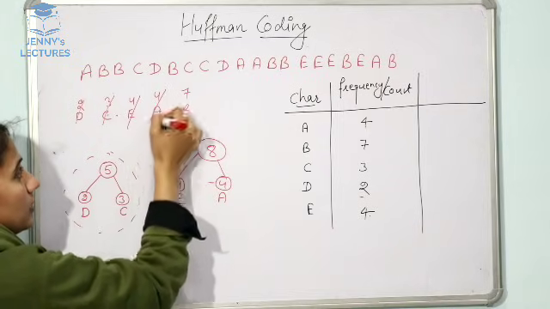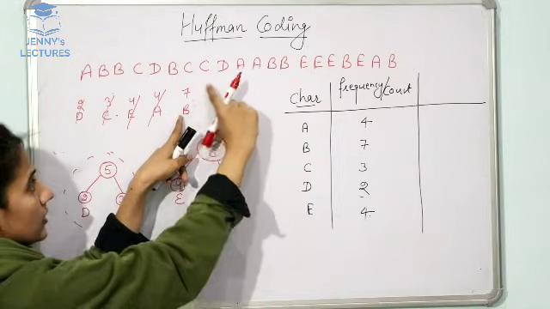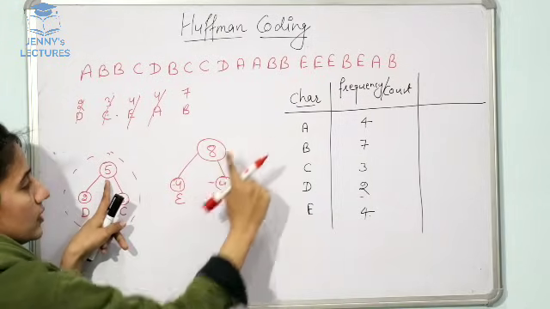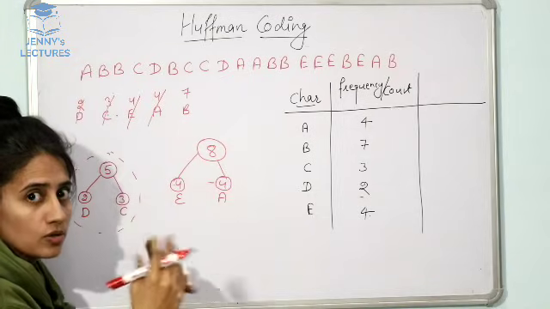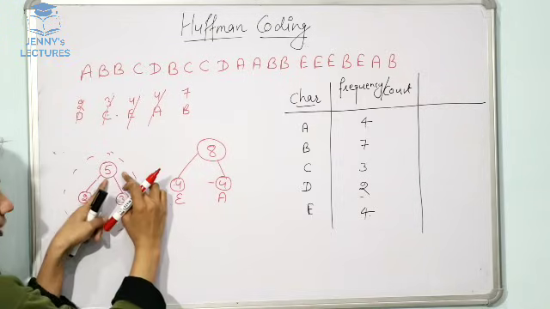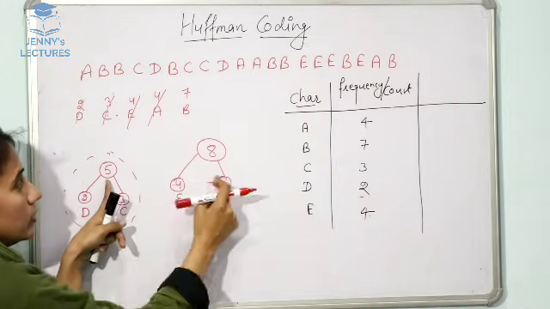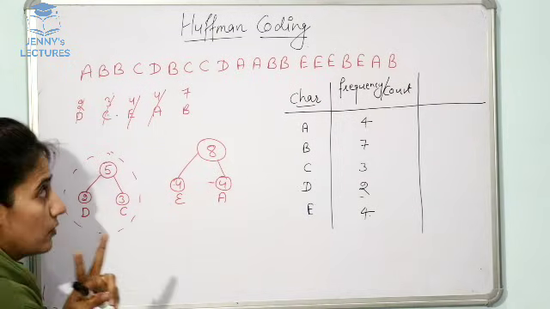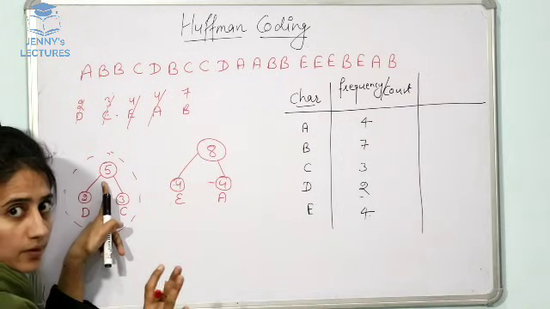Now we are done with this E and this A. Now we are left with 3 frequency counts: one is this 7, one is 5 and one is 8. Now arrange this 7, 5 and 8 in increasing order of their frequency count. So first of all, we will write this node 5, then 7 and then 8. Now out of these 3, take two having minimum frequency. We will take this 5 and this 7.